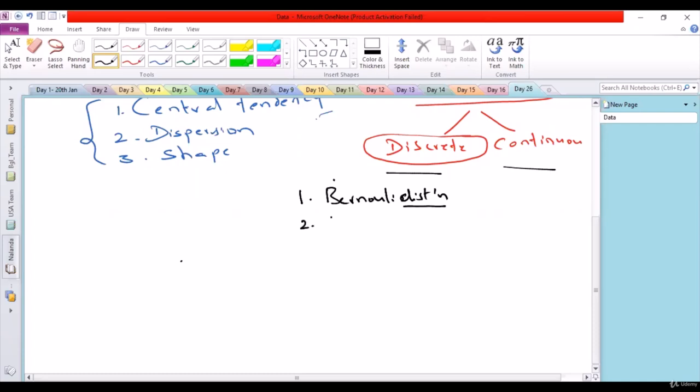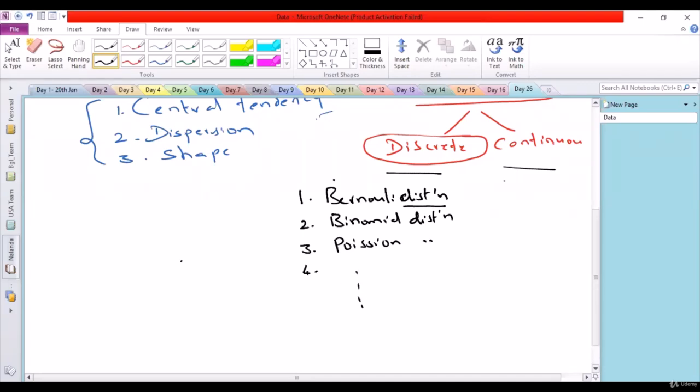Second one, binomial distribution. Third one, Poisson distribution. Okay. Fourth one, geometric progression. There are many like this.